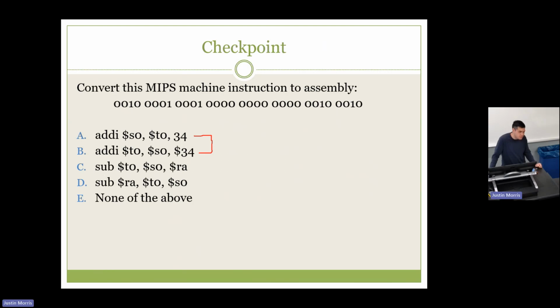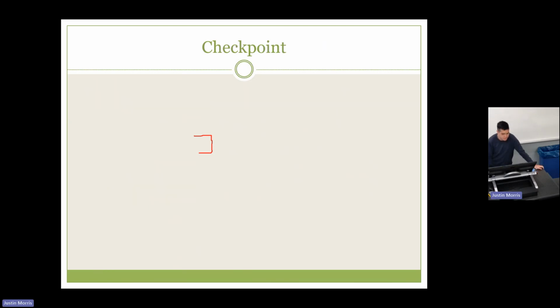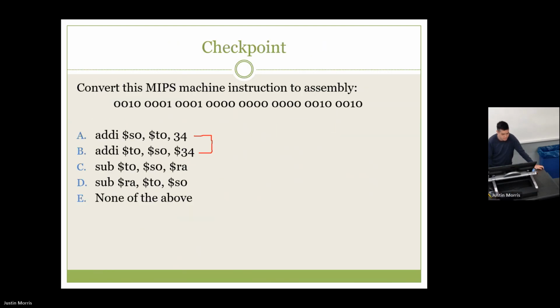Okay, do change your answer if you want to change. There was some movement towards the right answer, so let's do this together. First thing is opcode is always the first how many bits? 6. So I'm just going to draw a line here.